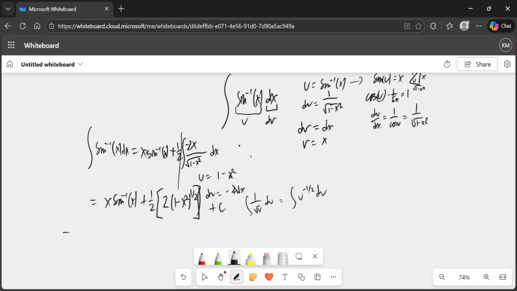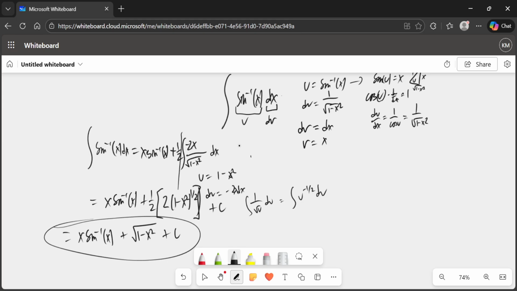Then we can simplify: that's equal to x sine inverse x plus root 1 minus x squared plus c. Okay, so that's sine inverse x. Does that make sense? Did I do anything wrong?